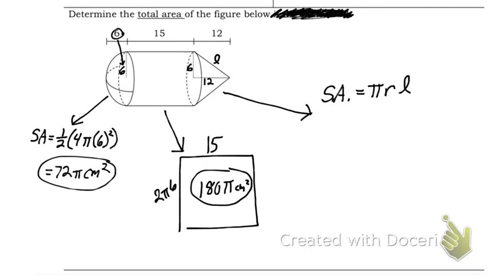Did anyone get it? Did anyone get it and want to share it, I guess? Peter, you got it? 36. It's just 6 square root of 3. 6 square root of 3? I think it's square root of 5.